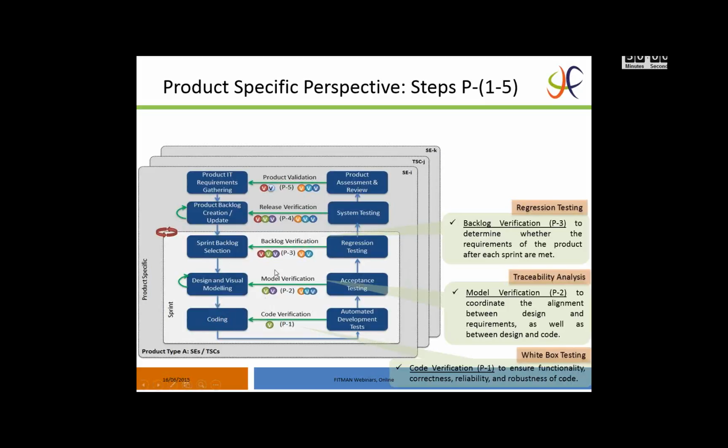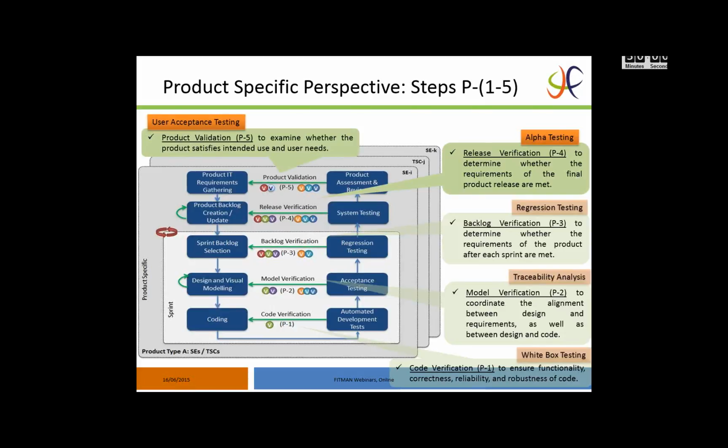The code verification, model verification, and backlog verification steps are actually merged with the release verification step that determines whether the requirements of the product release are eventually met. And in this case, we recommend alpha testing or regression testing as techniques that can verify it.